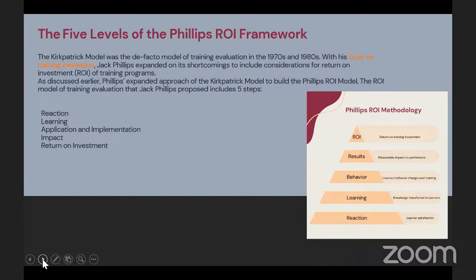So, the five levels of the Phillips ROI framework. The Kirkpatrick model was the de facto model of training evaluation in the 1970s and 80s. With his book on training evaluation, Jack Phillips expanded on its shortcomings to include consideration for return on investment of training programs. Like I said, this model has been adapted from Kirkpatrick's model, with one more level added, known as return on investment.